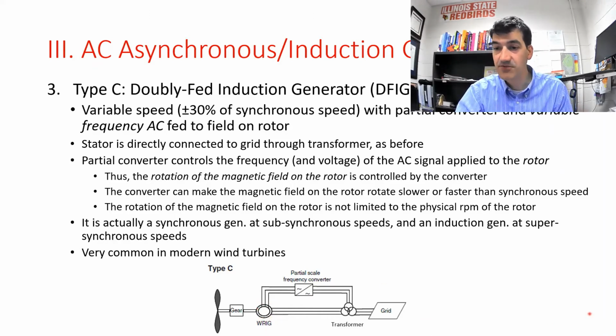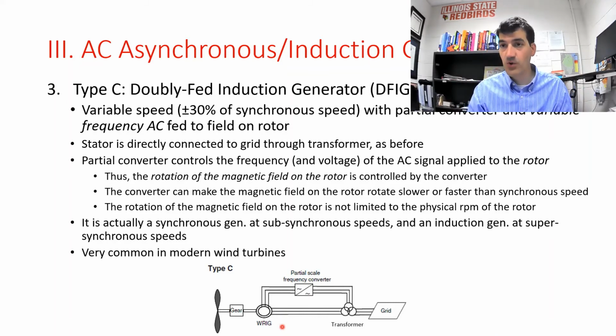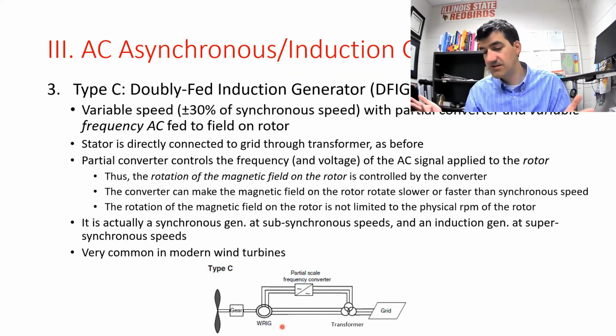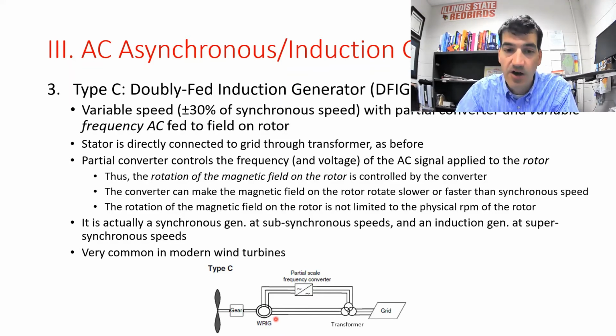For designs in the US, I mentioned this before, virtually all wind turbines that use DFIGs, which is really common in the US, have 6-pole generators, which means that if you use your generator RPM equation, you'll see that the synchronous speed is 1200 RPM.